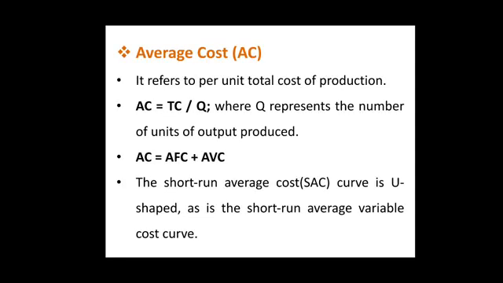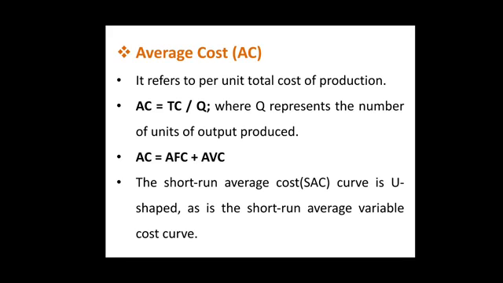Now the average total cost, or simply referred to as average cost. Dear students, average total cost or average cost refers to per unit total cost of production, or we can say it is the cost per unit of output.